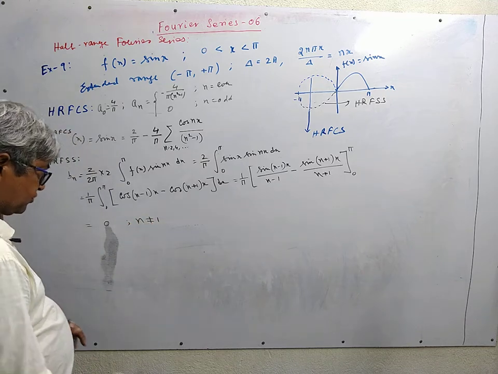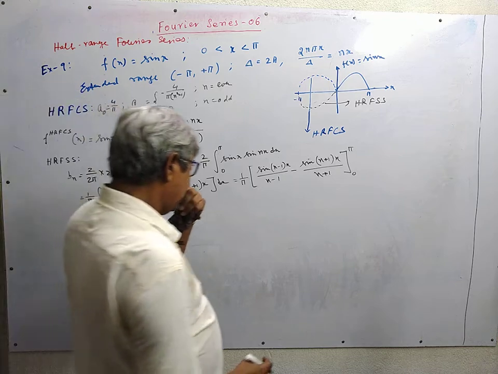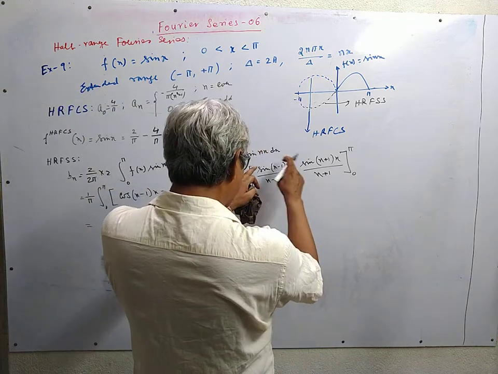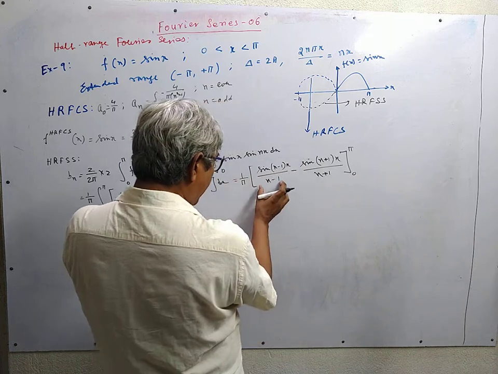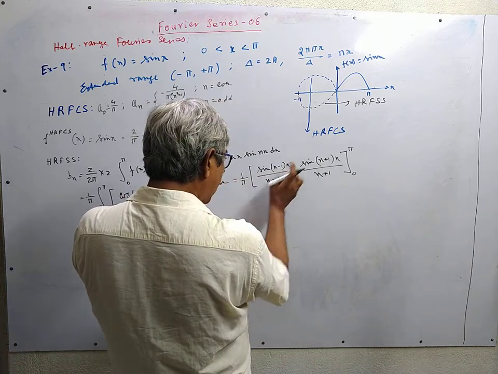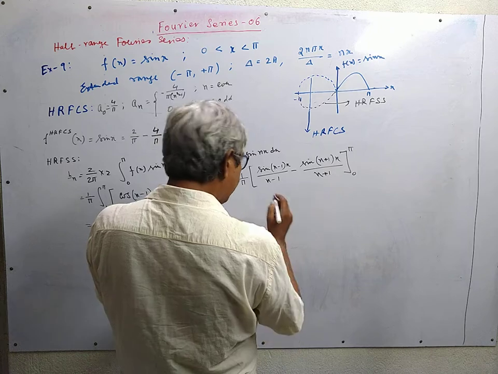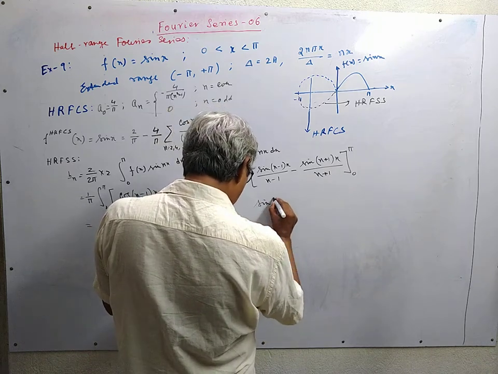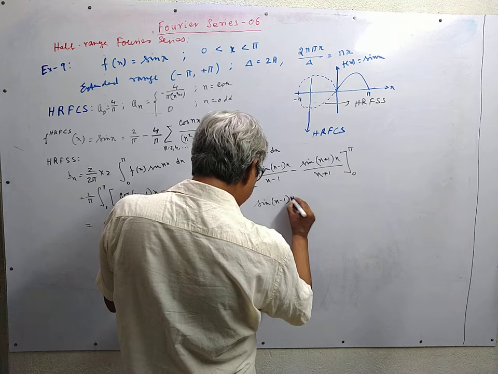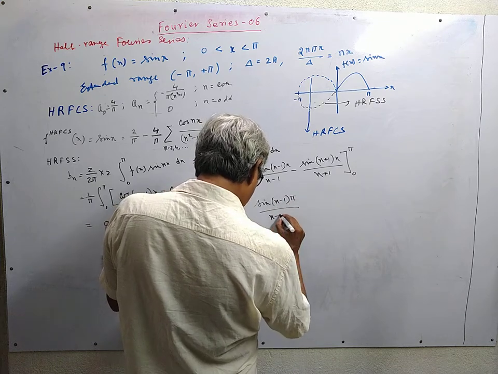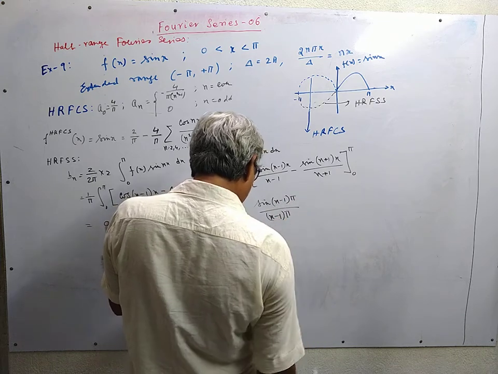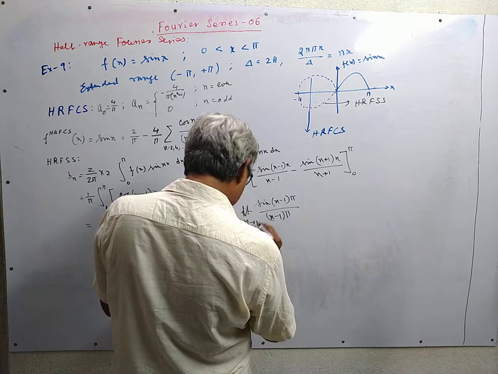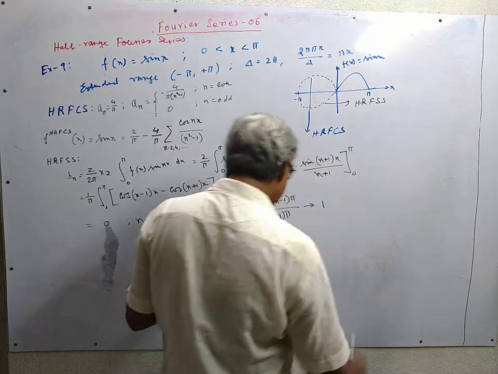And what happens to n is equal to 1? N is equal to 1, this term contributes, and we can write it sine of n minus 1 x by n minus 1. After putting the limit, it is sine of n minus 1 pi by n minus 1 pi. In the limit n tends to 1, that is n minus 1 tends to 0, this tends to 1.